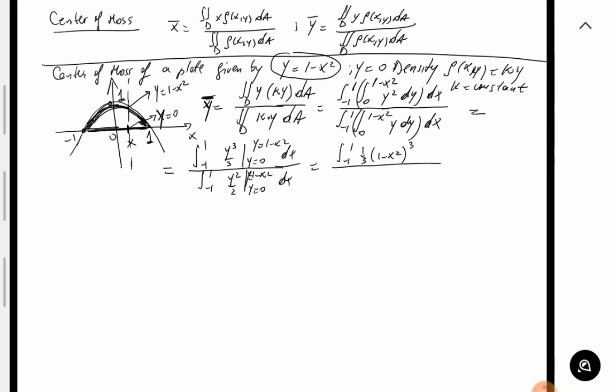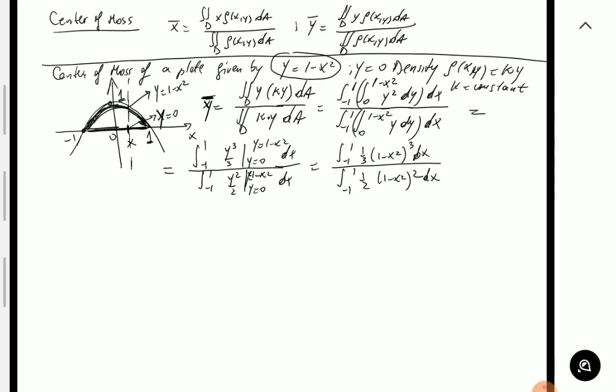I think I'm going to just give you the answer on the top because it'll take too much time to do it in detail here. And on the bottom is the integral from -1 to 1 of 1/2 times 1 minus x squared to the power 2, dx.